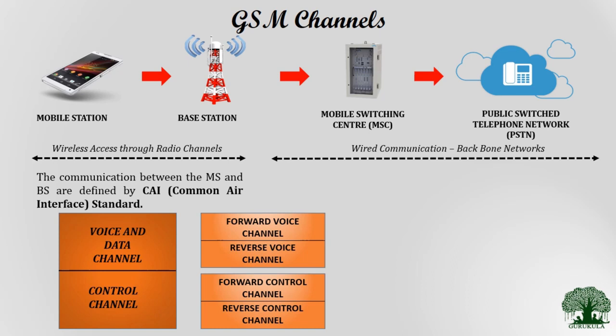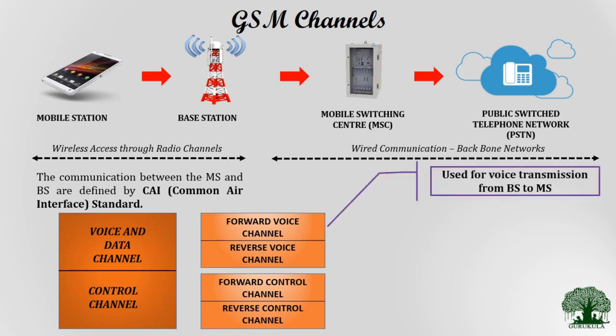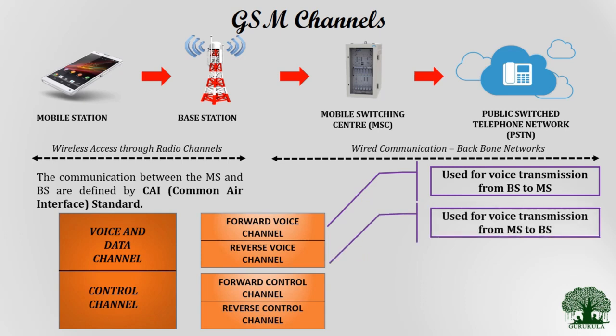My forward voice channel is responsible for taking information from base station to mobile station, and similarly the reverse voice channel is responsible for taking information from mobile station to base station.